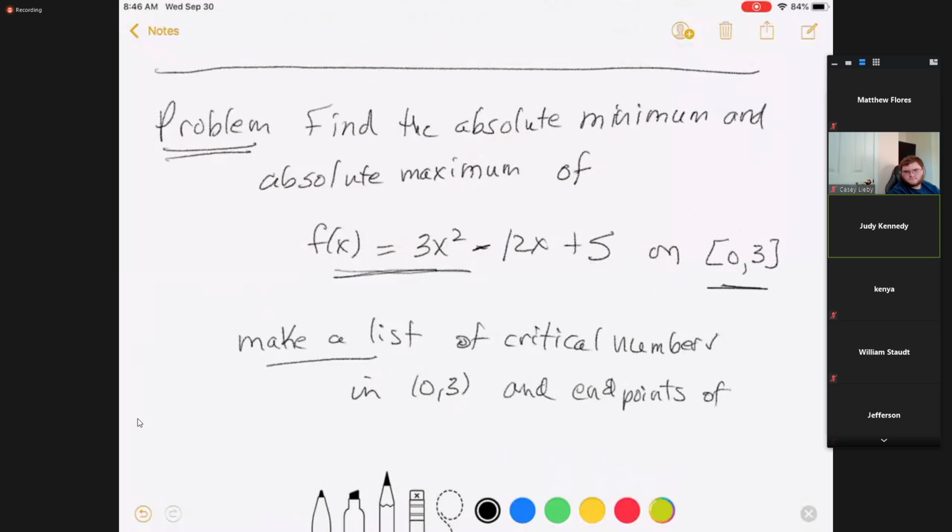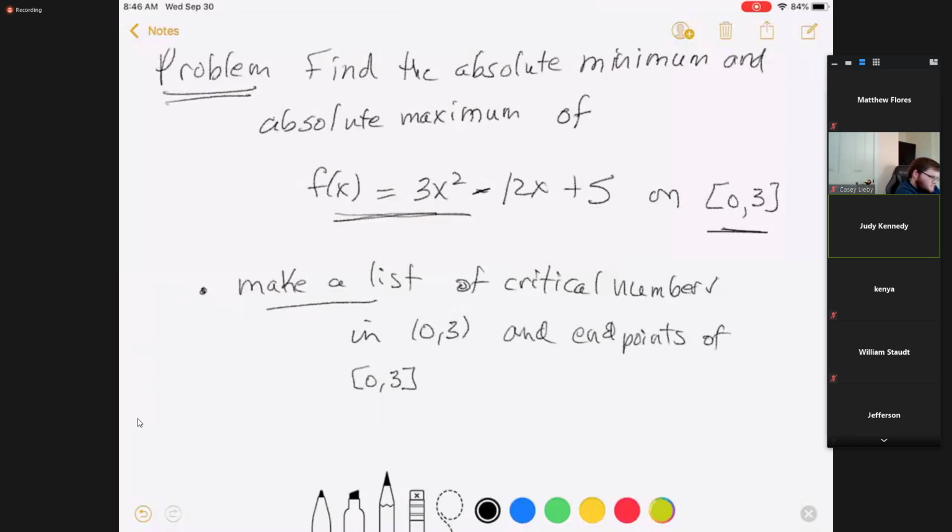If you want to check for the absolute maximum and absolute minimum, it can occur at one of the endpoints, so they must be checked. After I make this list, I'm going to compute the f values for each x in the list.